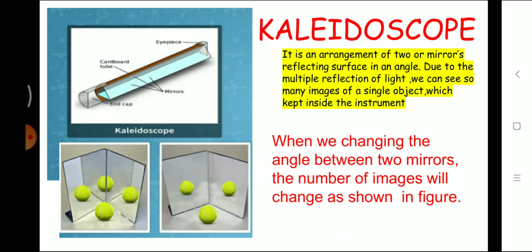In the second picture, there are only two images of the ball. So, we can see that the angle between the two mirrors is different in the two pictures. So, we can conclude that when we change the angle between two mirrors, the number of images also changes.